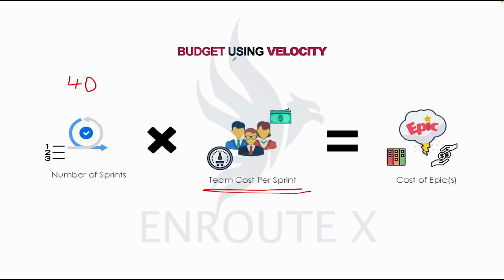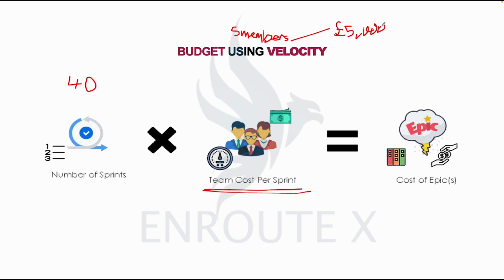Where we have 5 members in a sprint, and each member is paid £1,000, for instance, per sprint. That means we spend £5,000 in a sprint.